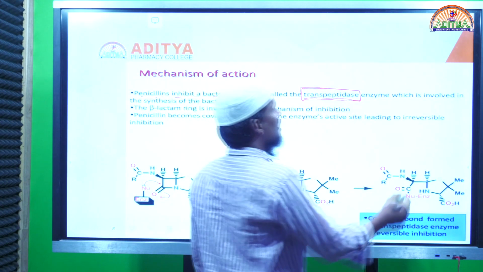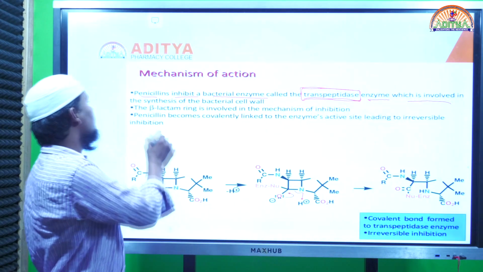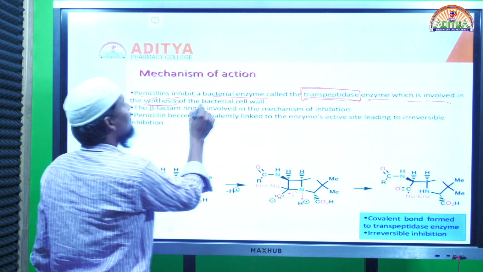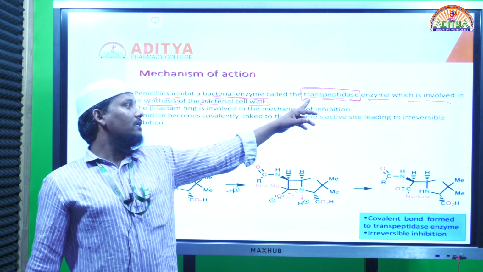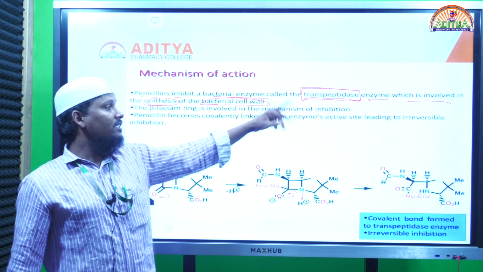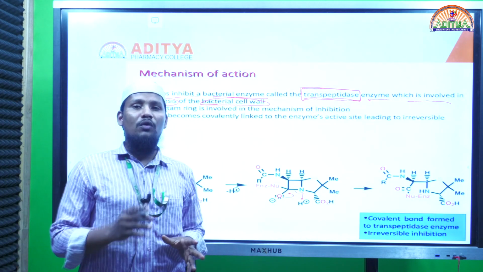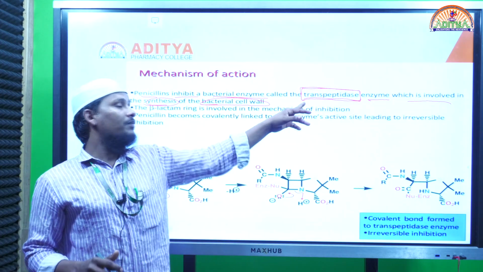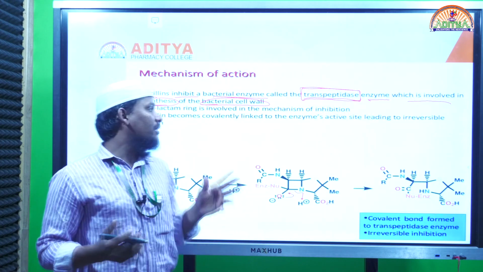What is the function of transpeptidase? It is an enzyme involved in the synthesis of the bacterial cell wall. If you block this transpeptidase enzyme, cell wall synthesis gets inhibited. So this is the main mechanism.